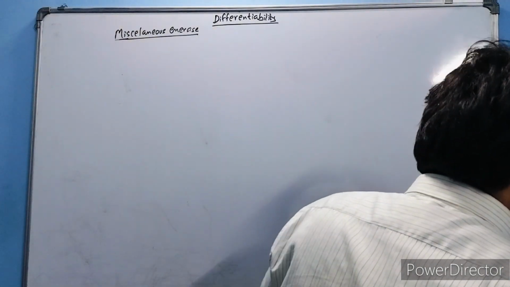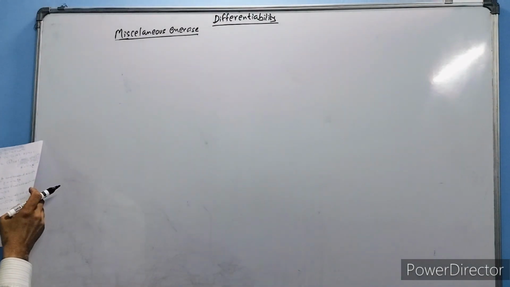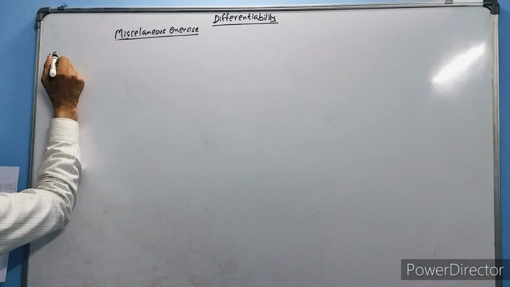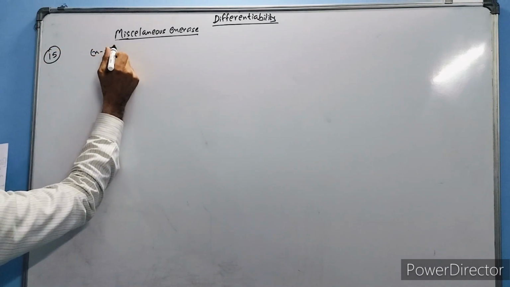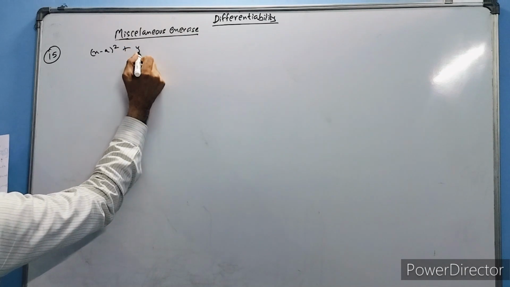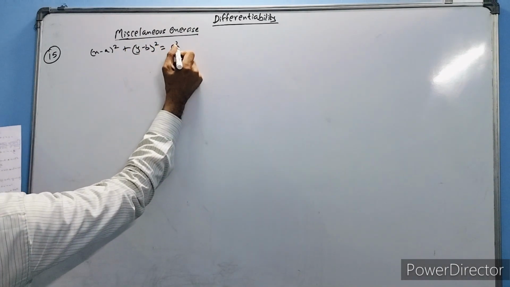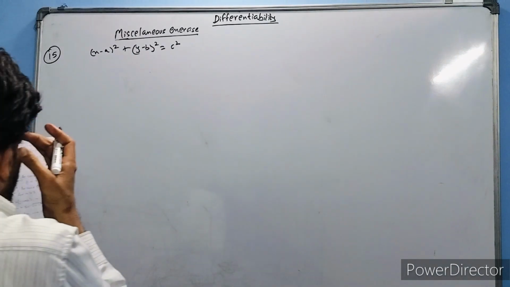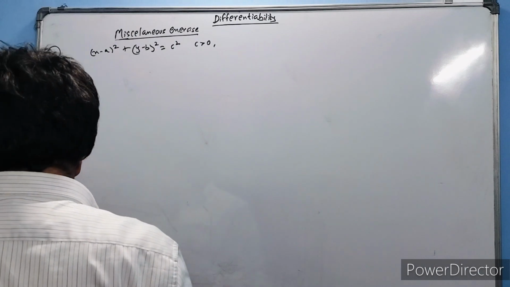Now let us try to solve the 15th. What the 15th says is (x − a)² + (y − b)² = c², and they have given that c > 0.